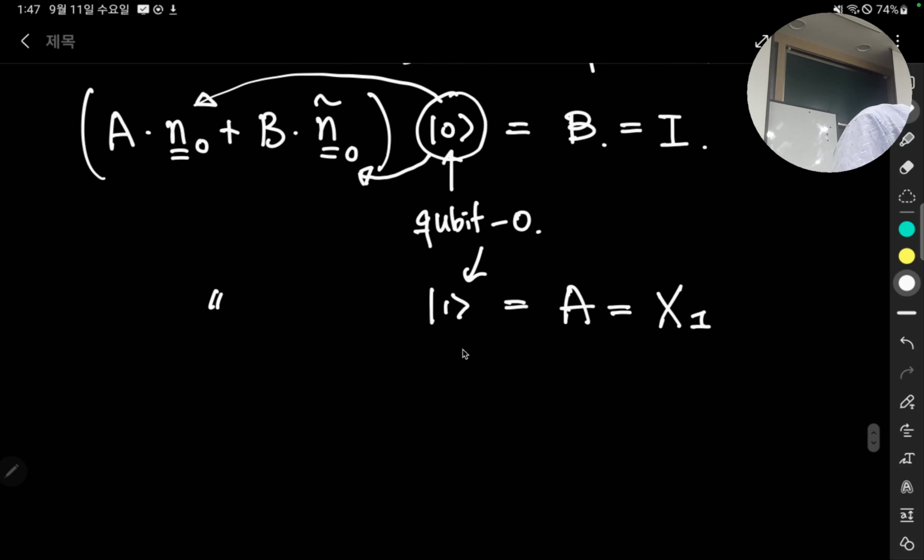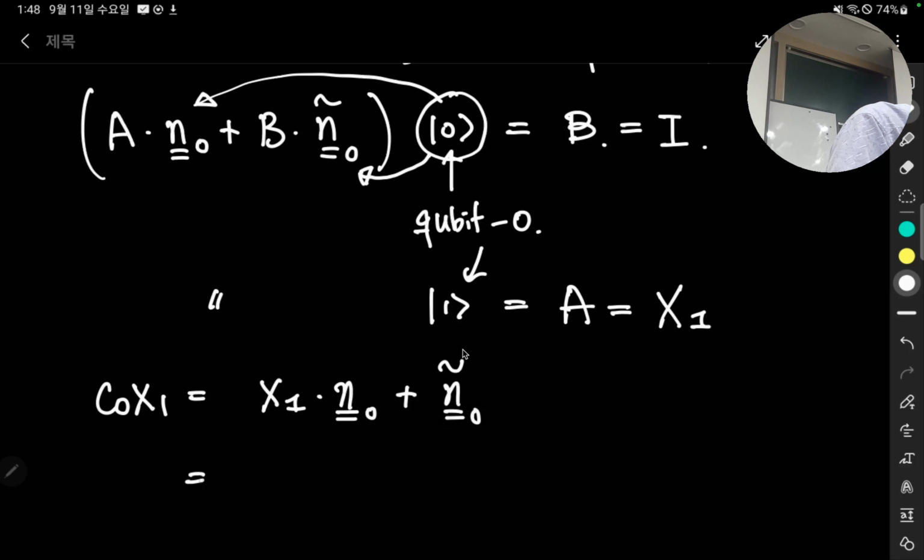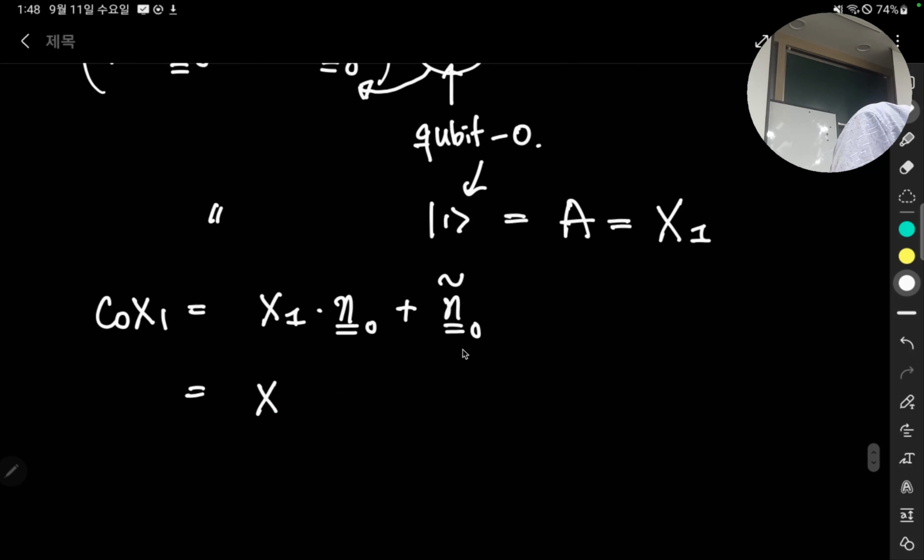So therefore, C0 X1 should be X1 times N0, and identity is just the same as 1, so N0 tilde. And X1 is X1. What is N0?